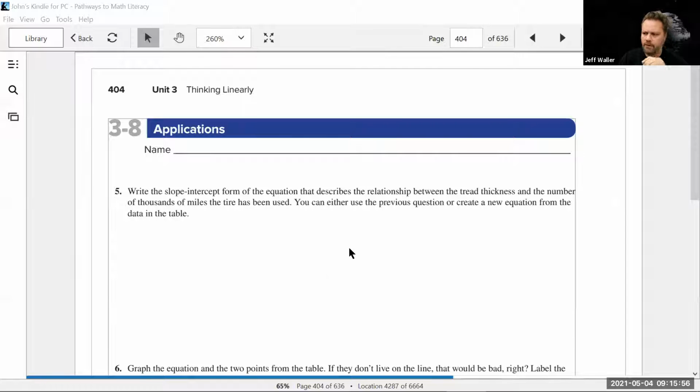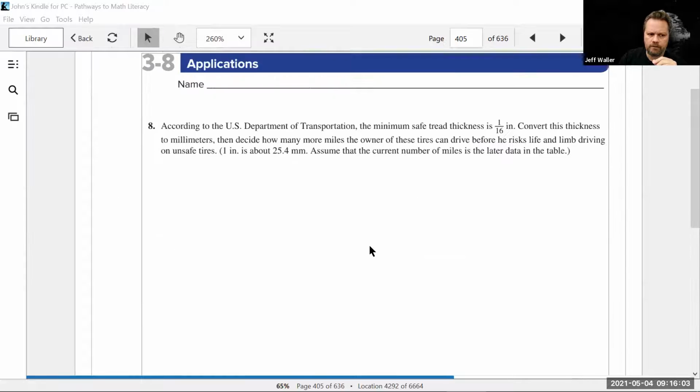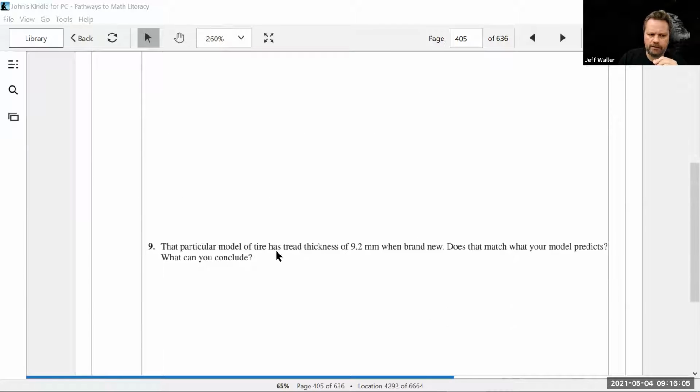When you solve that equation, you're going to see what b is. Does that make sense so far? Yeah. So this is saying it's supposed to have 9.2 at the beginning, which means b should be 9.2. So once you figure out what b is, you can see how close it is to this, or if it's different from that.